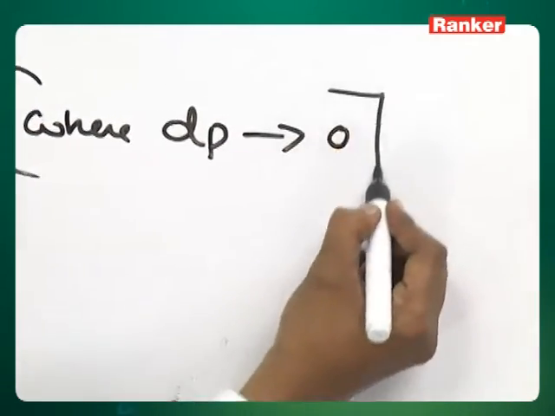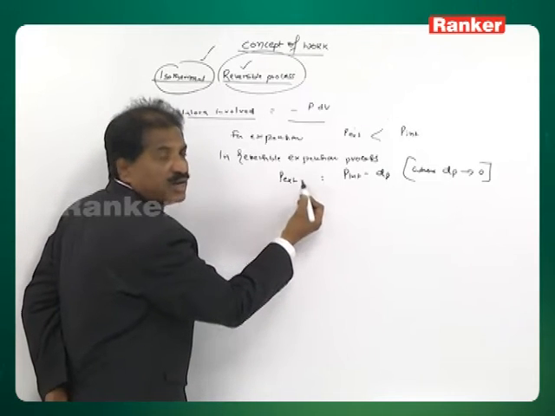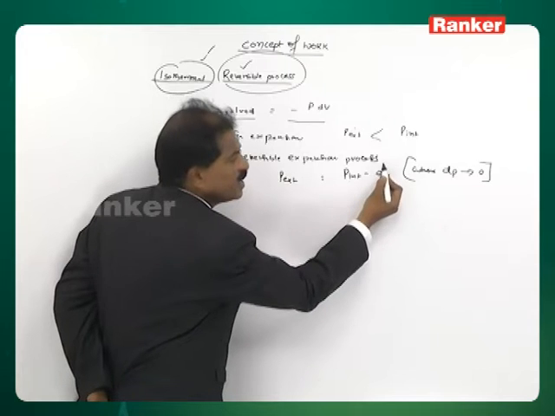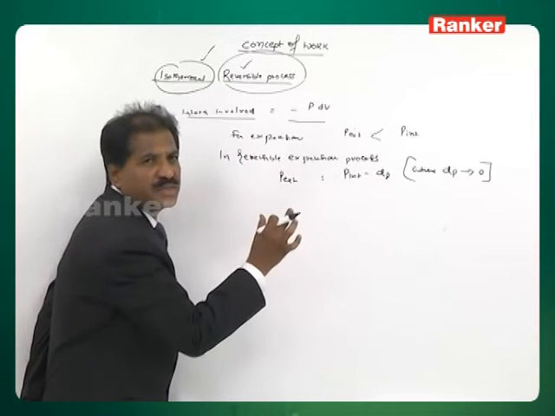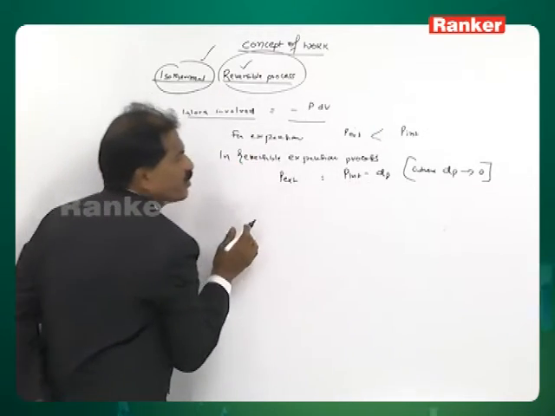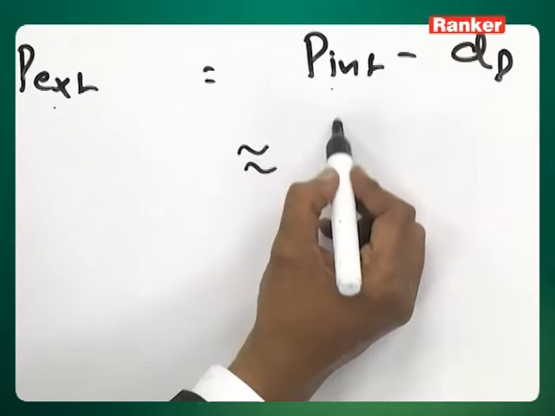That means the pressure difference between the surroundings and system must be negligibly small. This negligibly small magnitude in thermodynamics is usually represented as infinitesimally small. Therefore, dP tends to 0. So, when dP tends to 0, P external is almost equal to P internal.